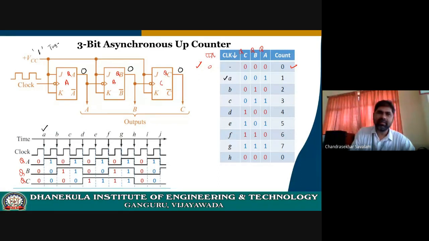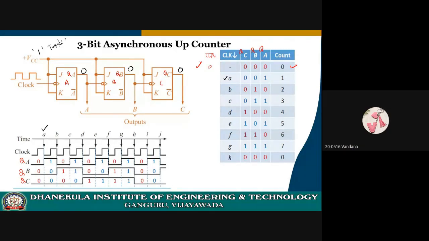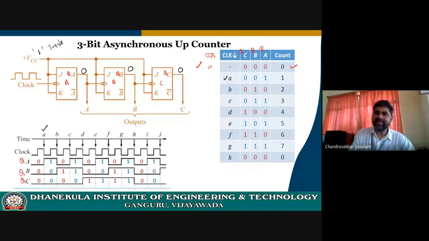You know that in a JK flip-flop, if both inputs are 1, 1, the previous state is complemented. Do you know this, students? Yes, sir. So the initial states are 0, 0, 0. Just observe here: QA, QB, QC are all 0 because we initialized the outputs to 0 by applying the asynchronous clear input. So CLR bar is 0 initially.